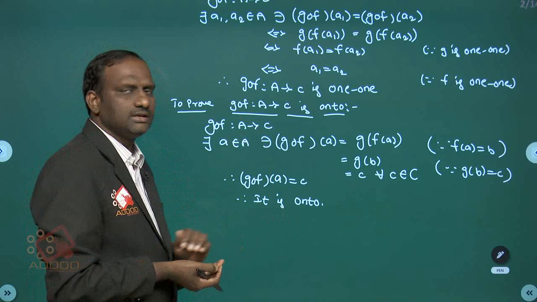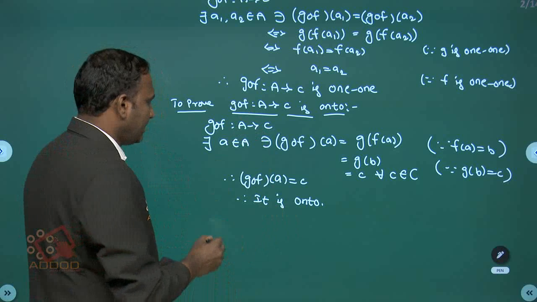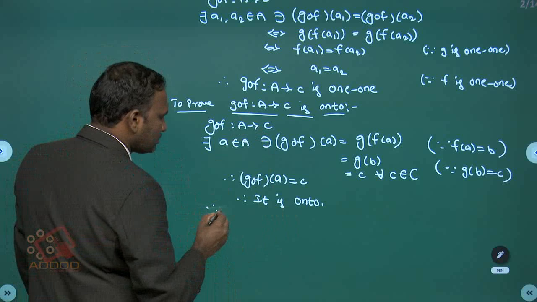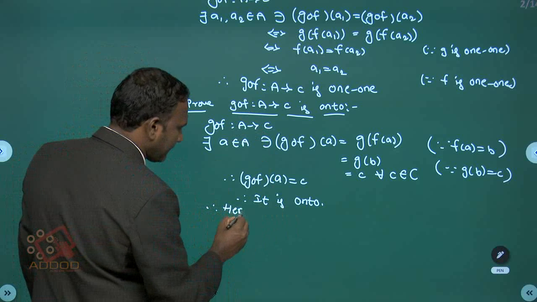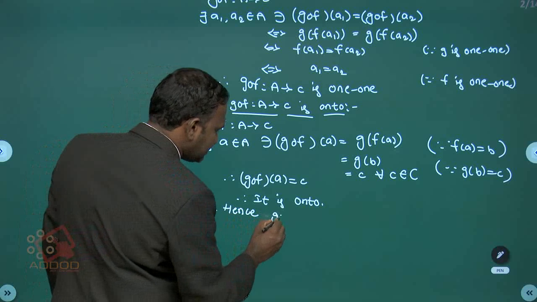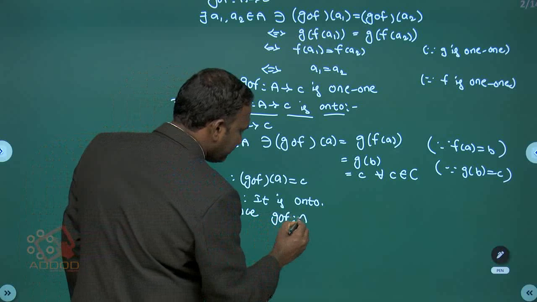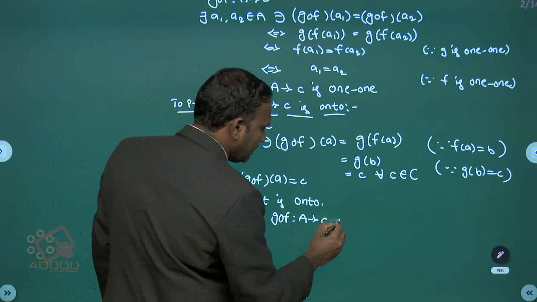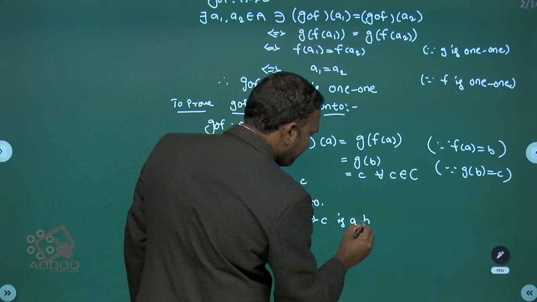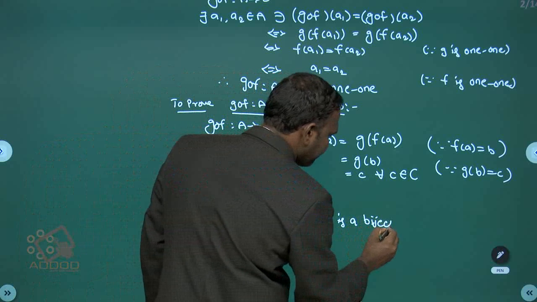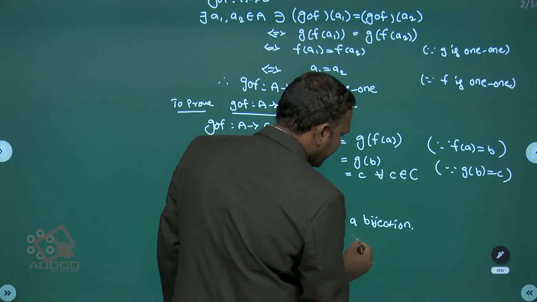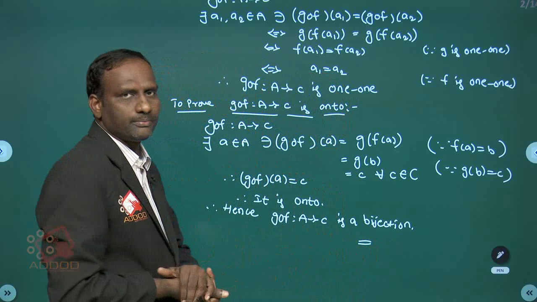So it is onto. Hence, we can conclude that G circle F from A to C is a bijection. This is the theorem proof.